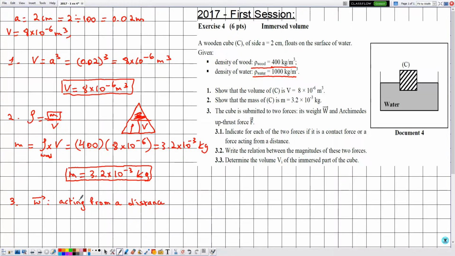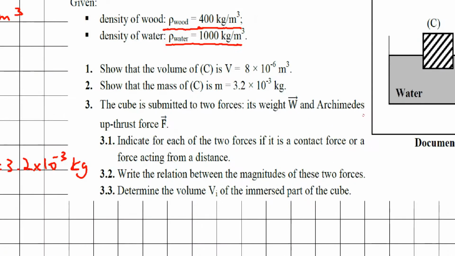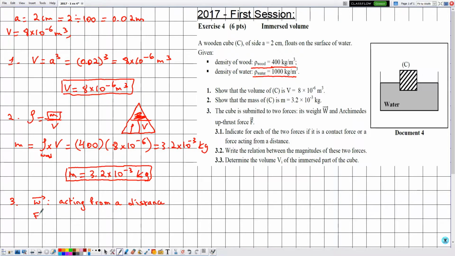Whereas all other forces are classified as contact forces, and in particular the Archimedes upthrust force F. Then F is a contact force. And here we are in part 3.1.